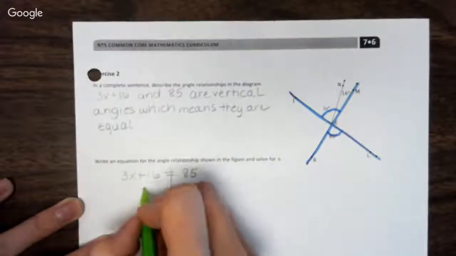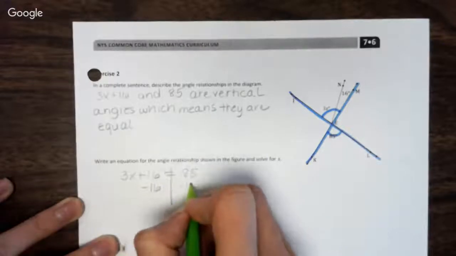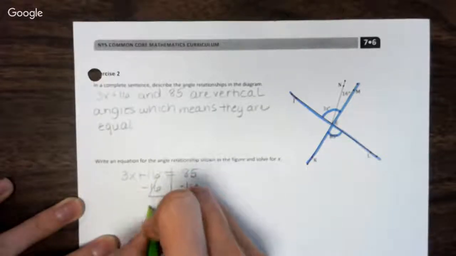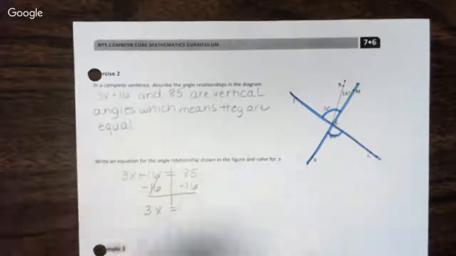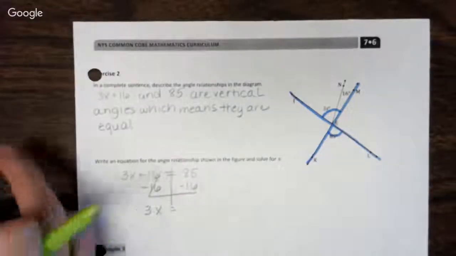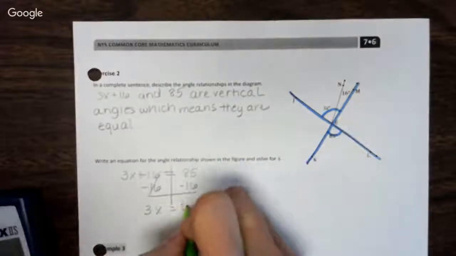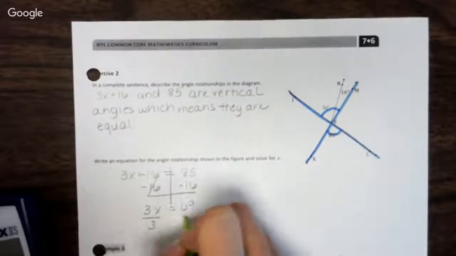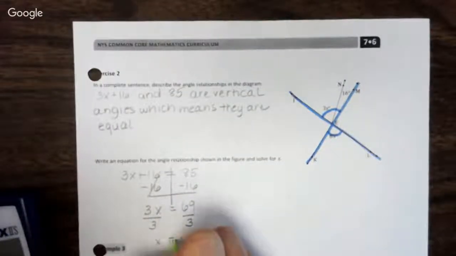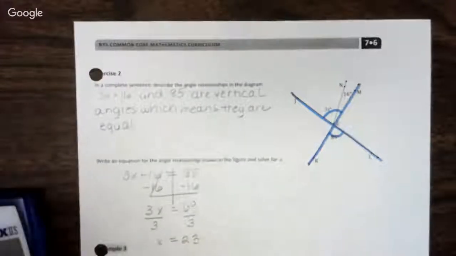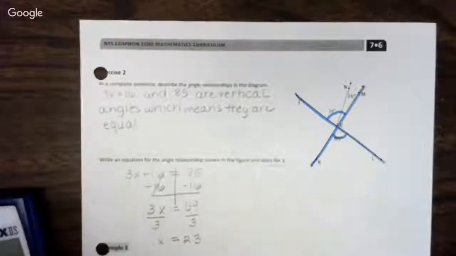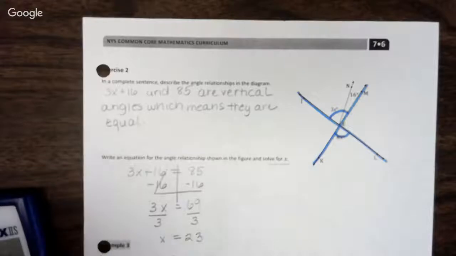Now this is just a two-step equation, so we're going to subtract 16 from both sides. So we're left with 3x equals, take your calculator, we're going to do 85 minus 16, which is 69. Divide both by 3, so x is equal to 23. Now all this is asking us to do is solve for x, and that's what we've done.